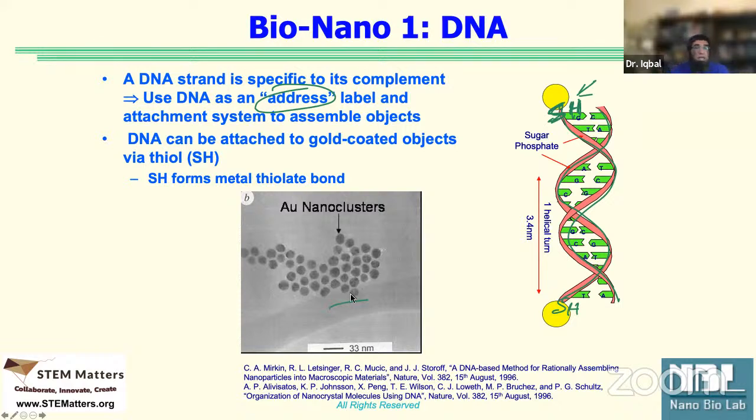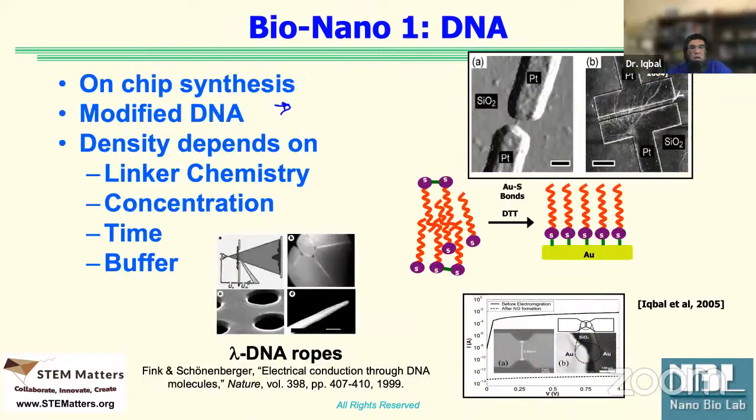So it's one of the earlier examples where they used DNA molecule selectivity to order synthetic structures, to order gold nanoparticles. There is more early work, where they used DNA molecules for biosensing, or even molecular electronics, where they wanted to see if a DNA molecule can be used as an electronic functional part in a circuit, conductivity through a DNA molecule.